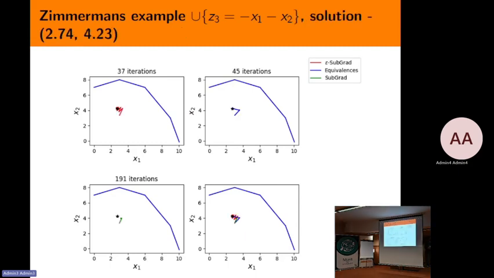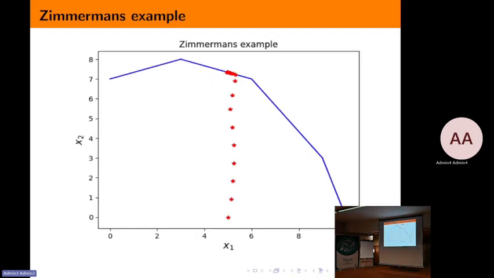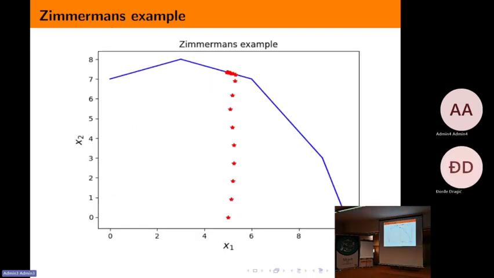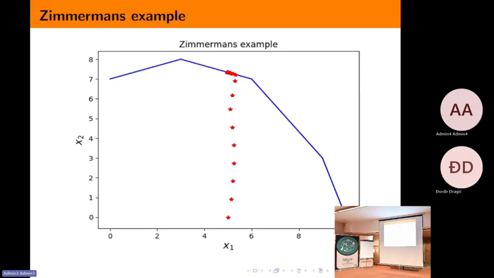The other issue is still constraints, because I chose the same Zimmerman example, except I started at a different point. The method tried to go outside, but because of projection, it was pushed back. So it sort of jumped around in the final stretch of the optimization, which is still an open problem.